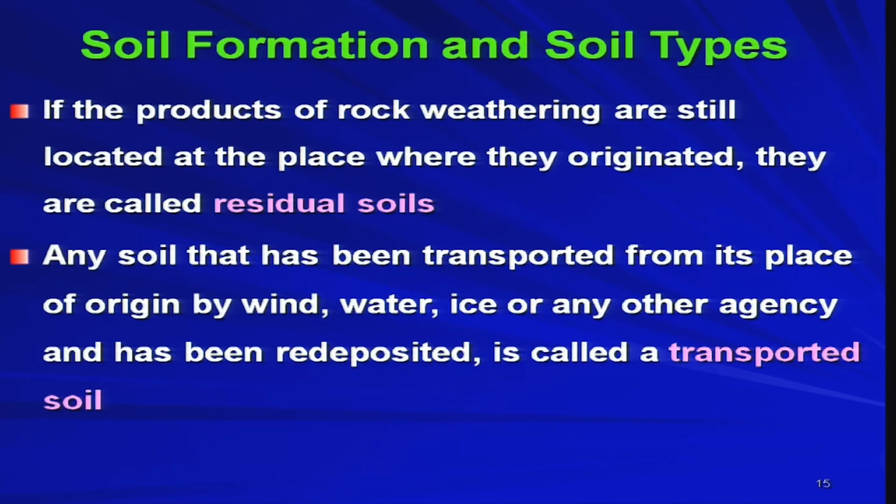So the formation of the soil happens somewhere else, and then it gets transported by some agent, and ultimately it gets redeposited somewhere else, and that is known as transported soil.